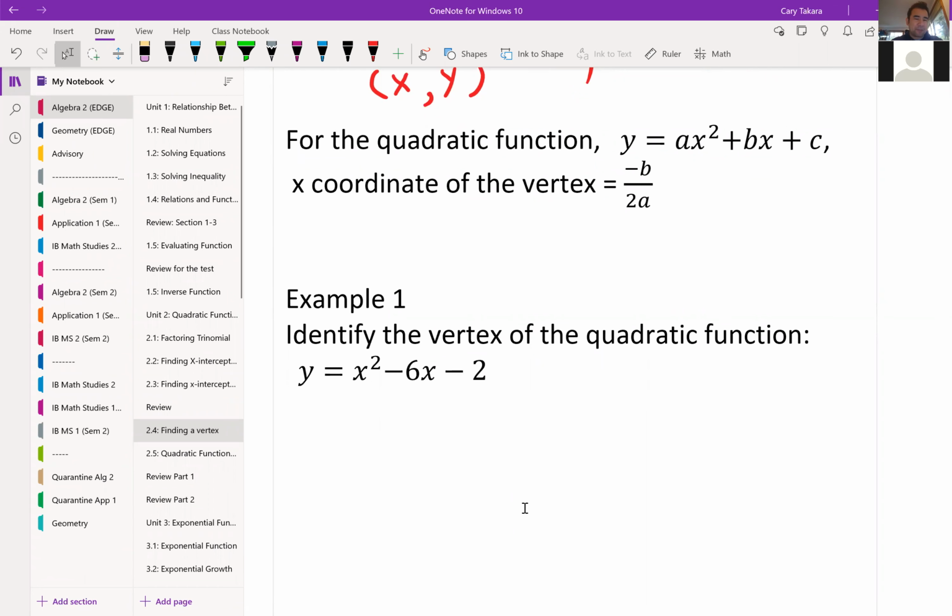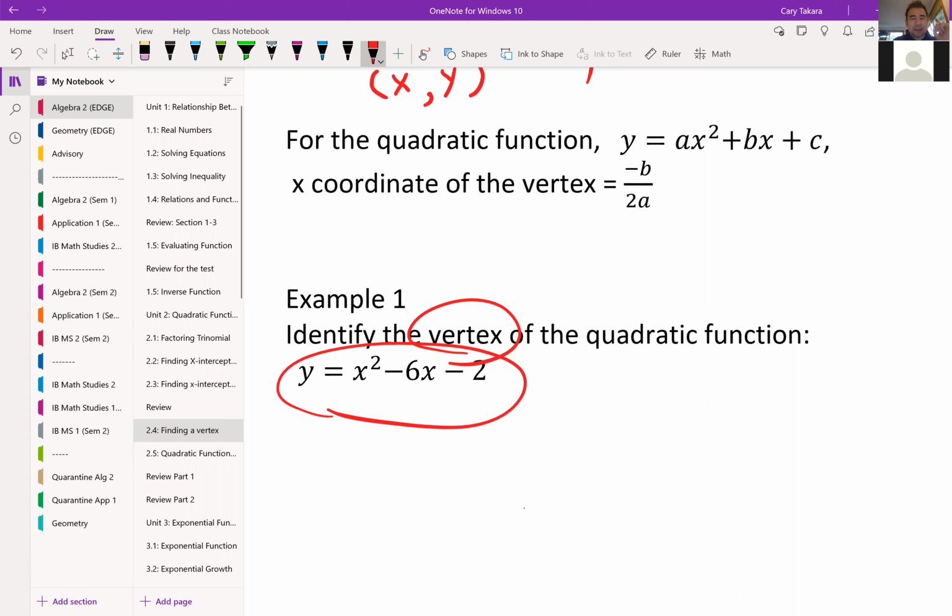Okay, so let's find the vertex. Here's the quadratic function, and we want to find the vertex, okay? Again, remember, always when you face a math question, the first thing you want to look for is what my answer is going to look like.